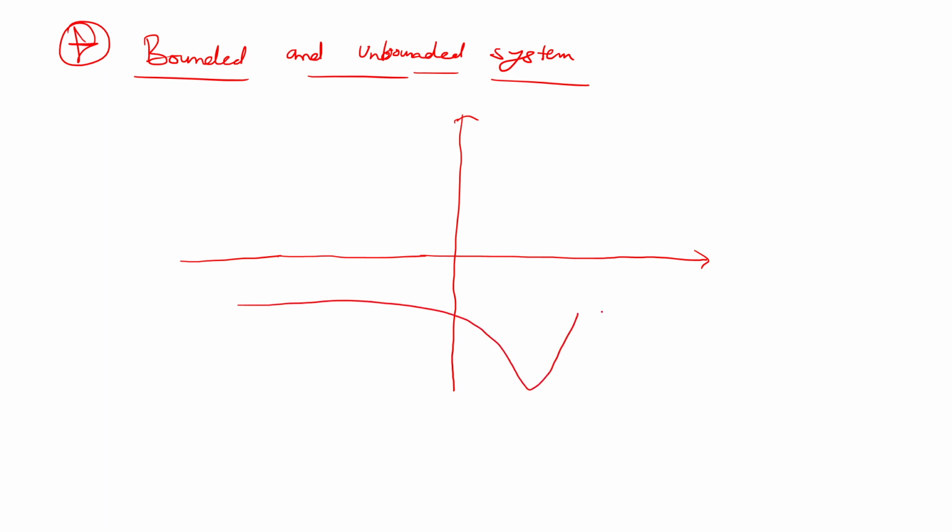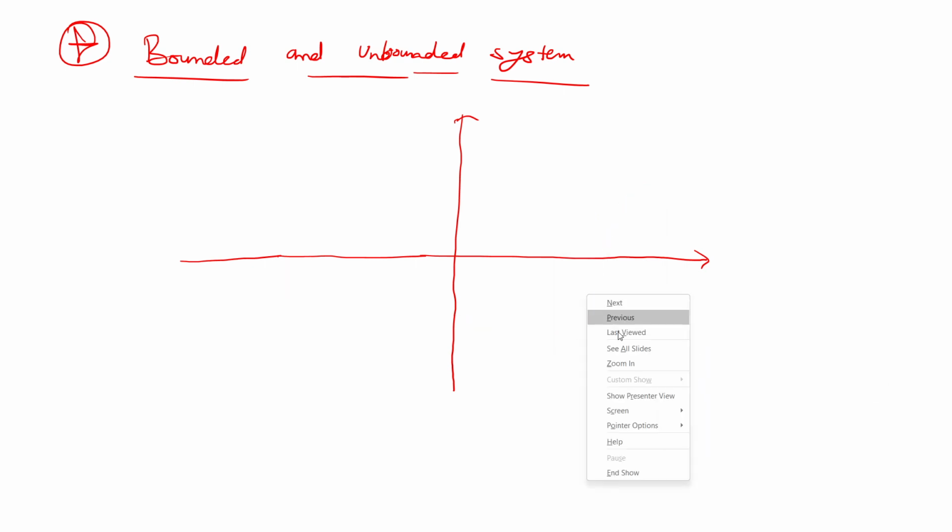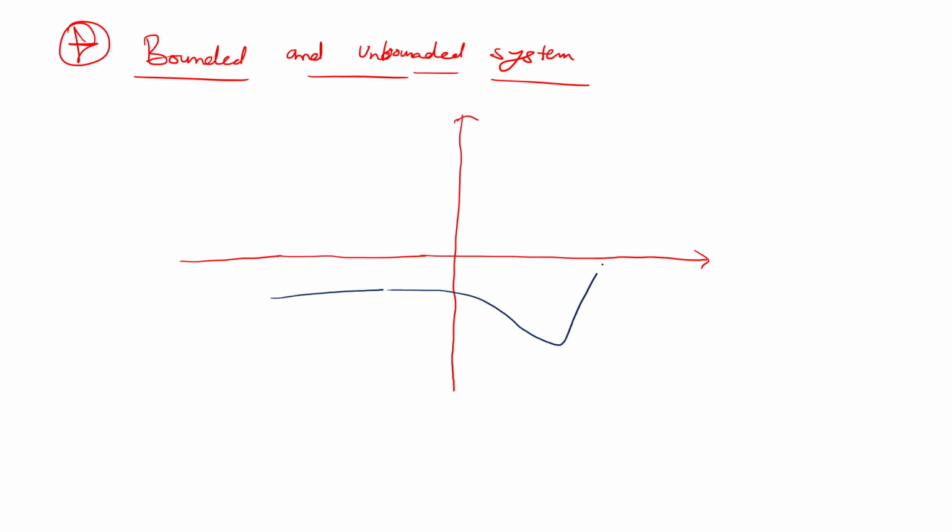Suppose it is like this. Okay, I can change the color. Wait a second. Okay, if I take the potential shape, suppose like this.